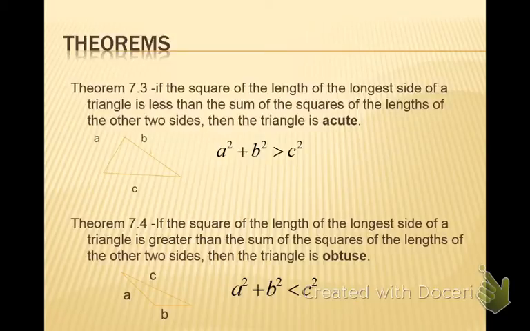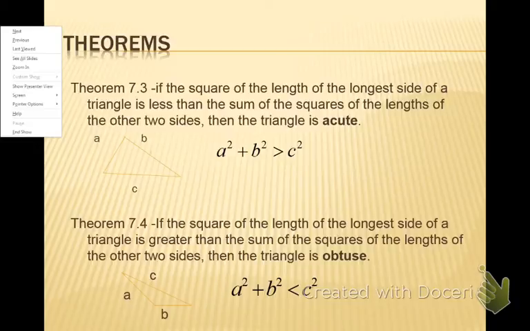So if I draw something like that, this is the longest side, C. If these are long, and together are longer than C, then that means that this angle has to be small, right? The longer I make these sides, the closer the angle is together. So this would be small. This is A, and this is B. So that would make this a small angle.